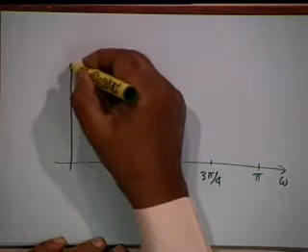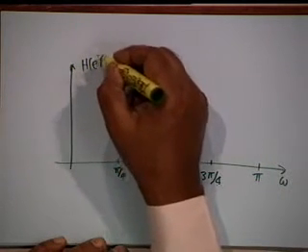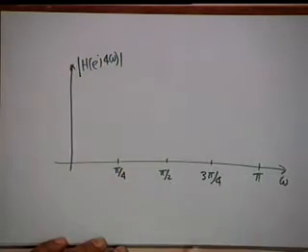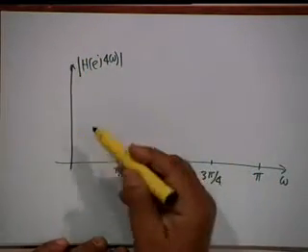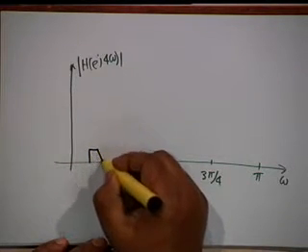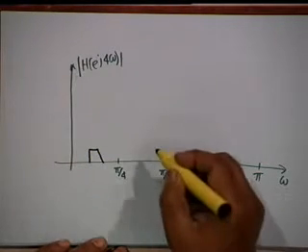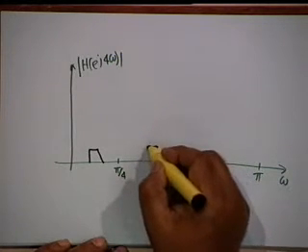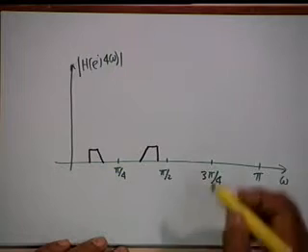This is ω, magnitude of H(e^(j4ω)). And so we shall have, again not to scale, like this, and here it shall be in a flipped manner, so it will come like this and this.